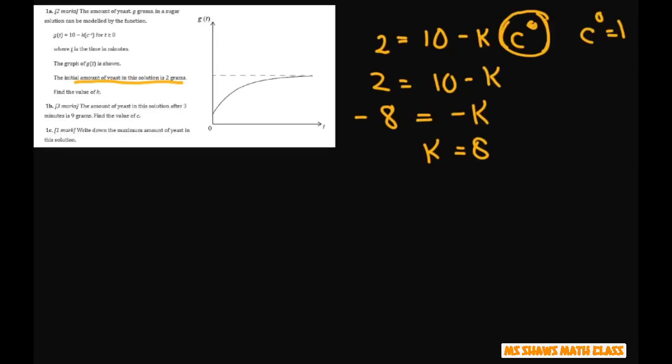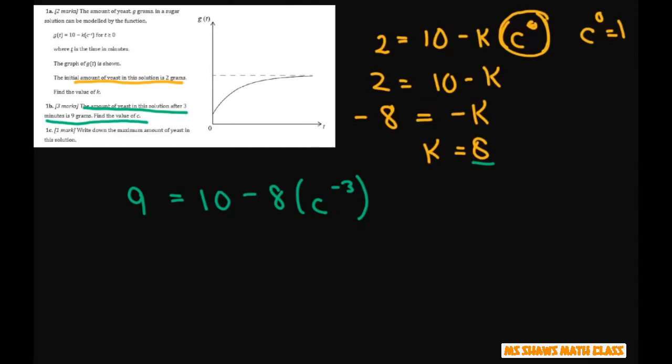So for B, it says the amount of yeast in the solution after 3 minutes is 9 grams. Find the value of c. So basically, we're going to write our equation as 9 equals 10 minus k, and we already found k, which is 8, times c to the negative 3 power.